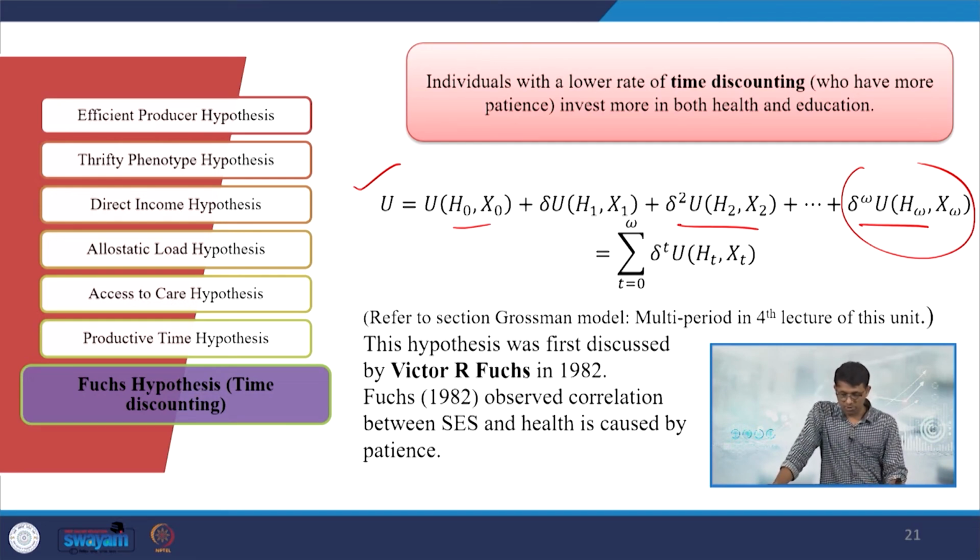This hypothesis was first discussed by Victor Fuchs in 1982. In his paper, Fuchs observed correlations between socio-economic status and health that are largely caused by patience. Patience is responsible for discounting, usually.